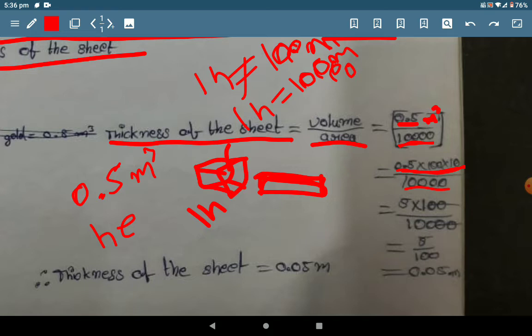Now to do that we have to multiply it by 10 and then by 100 because we're converting it into centimeters. And 1 hectare is equal.